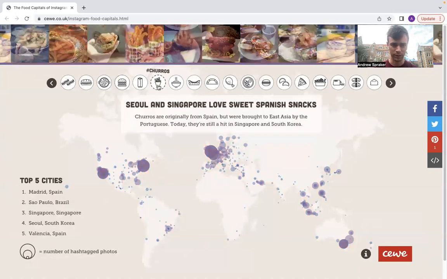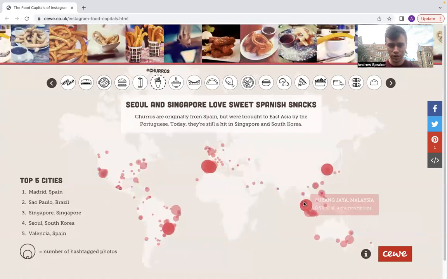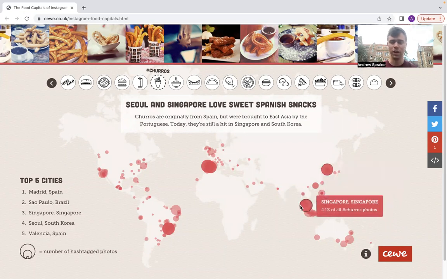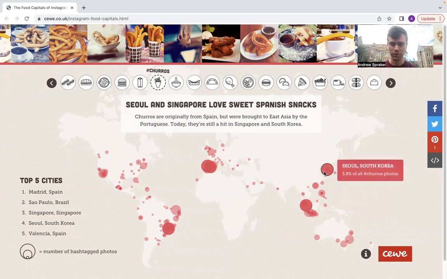Let's look at a different couple of examples. Churros, right? So churros are from Spain, but they're popular in Singapore and South Korea, which is here. So we can see this pretty easily by the circles. And I know I previously criticized the size of said circles, but they're a very good tool to show where they're popular.